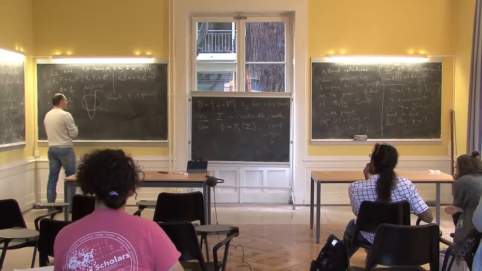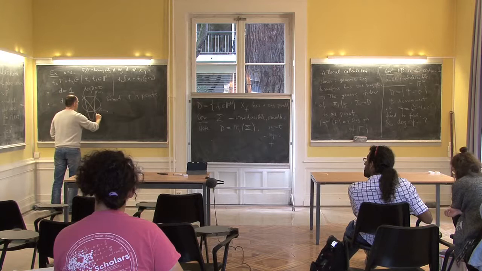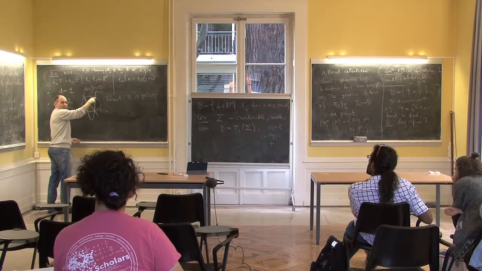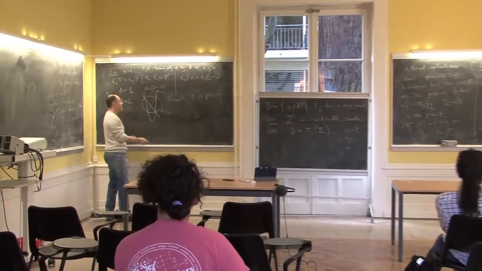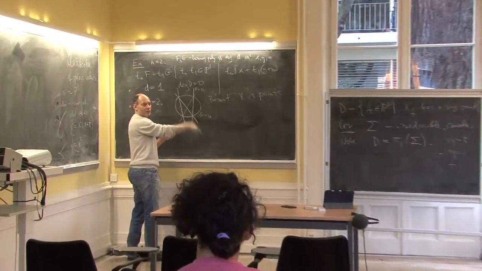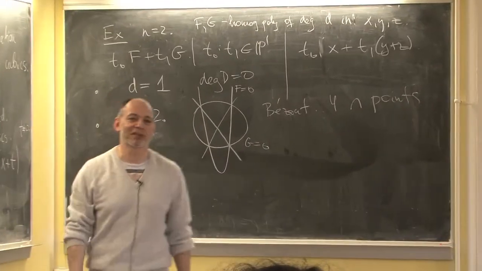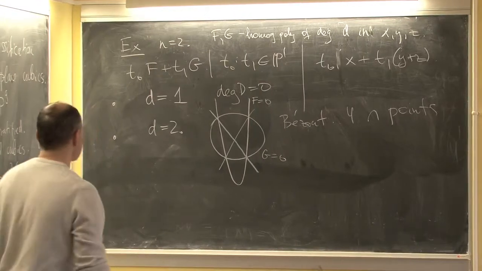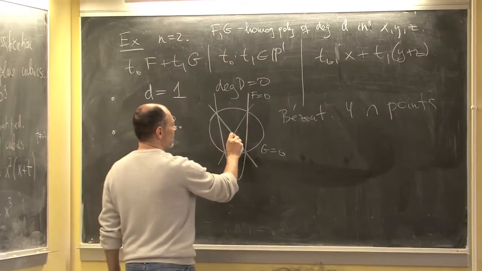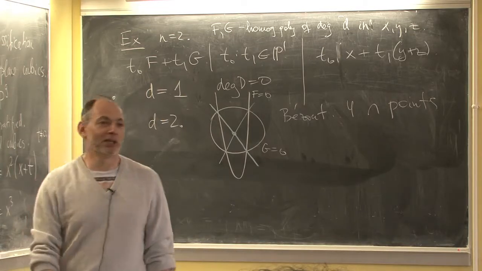I'm just going to draw one of them. Any two lines basically intersect, so you take any lines that go through one point or another point, and you have to check that it's in the family, but it automatically is. So this is an example of a singular quadric in this pencil, singular here.